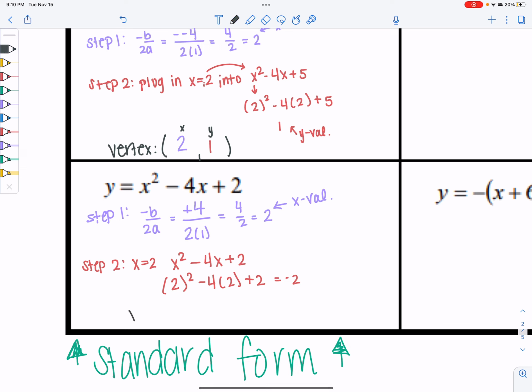And so my vertex for that equation is going to be x comma y, 2, negative 2. Okay? So there is finding the vertex in standard form. Standard form is what we've been looking at.